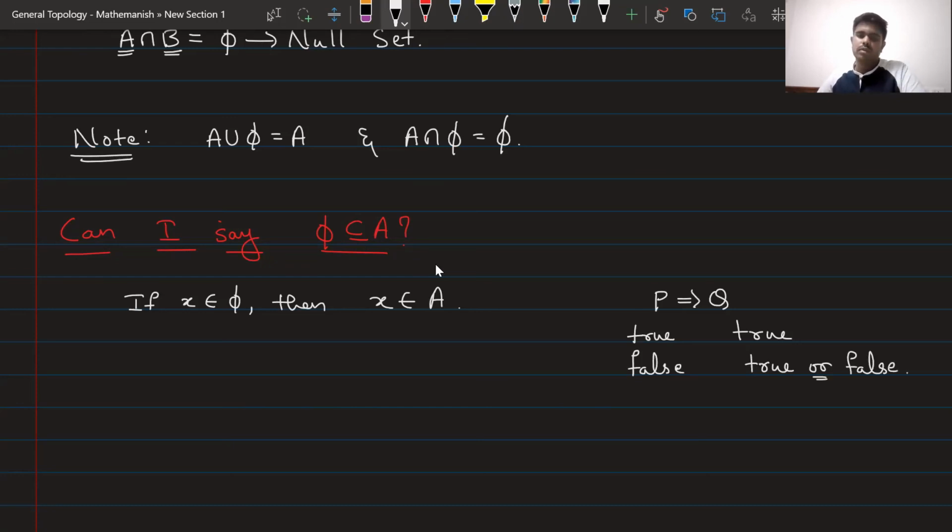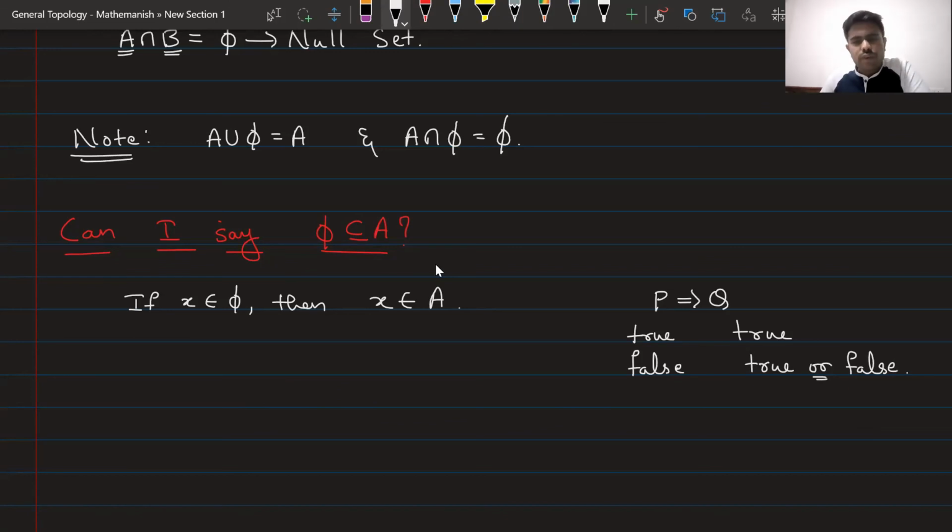This is in terms of mathematics, but in English, if P is false, then Q must be false. But in maths, if P is false, then Q can either be true or it can be false. Rather than analyzing this statement as it is, I'll write it like this.